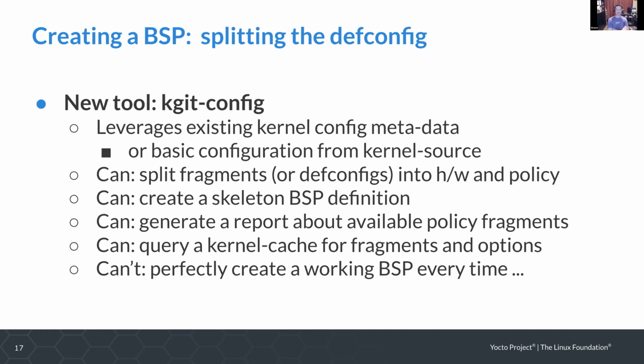I pulled in some of the tools that I use to update options between kernel versions, and it does some rough automated classification on the options, so you can actually do it without using the existing metadata.